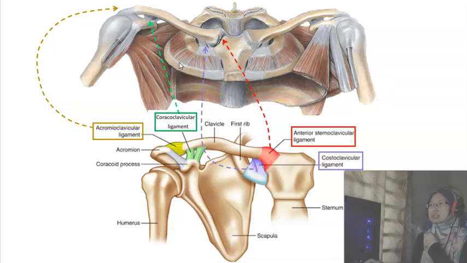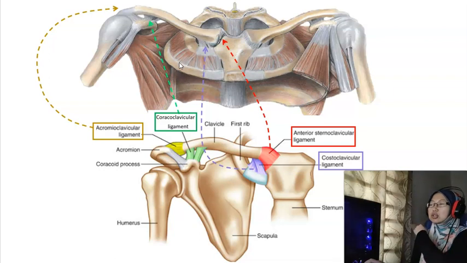Acromioclavicular ligament is the ligament joining your scapula, acromion process, to your clavicle. And the other one is coracoid process of scapula connecting to your clavicle by coracoclavicular ligament.